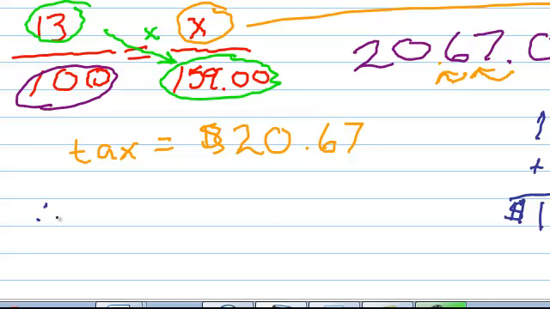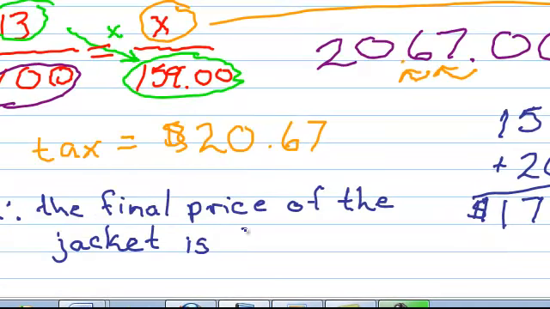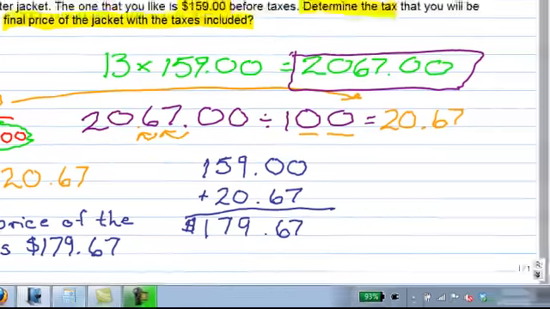So therefore, the final price of the jacket is $179.67. And that is how you find the percent of a number.